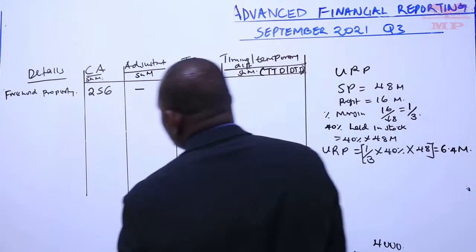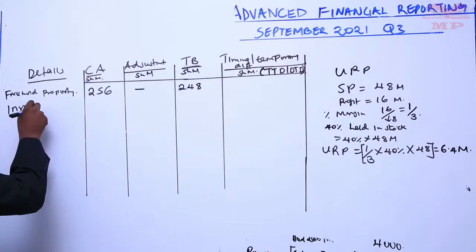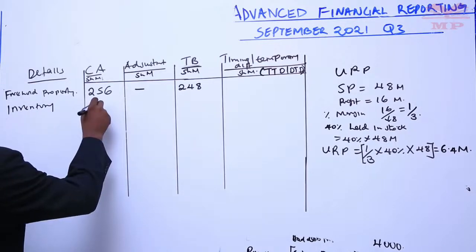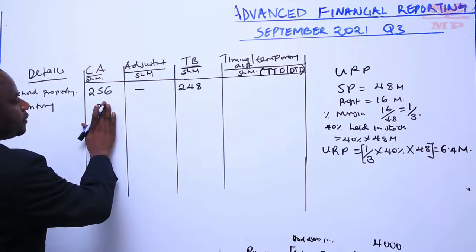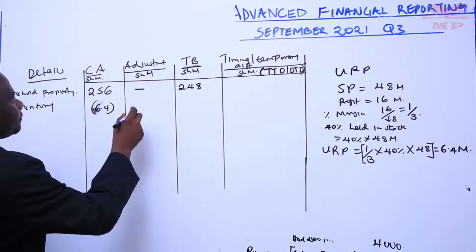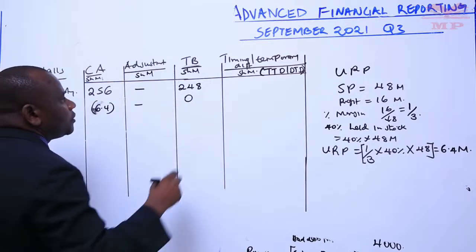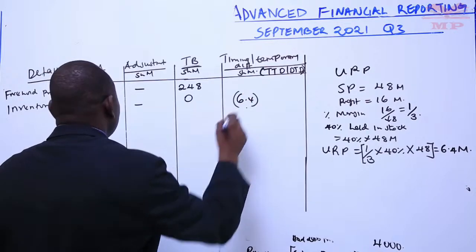So inventory here, I'm going to have 6.4 negative, and here is 0. So that gives us 6.4 negative.